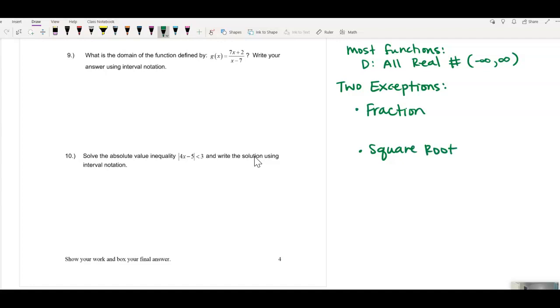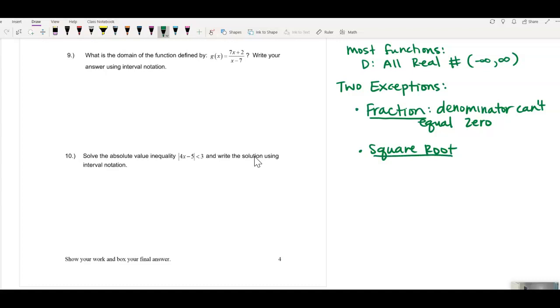Okay. Well, with a fraction, we can't have the bottom divide by 0. So the denominator cannot equal 0. All right, so that's our exception there when we have a fraction in the function.